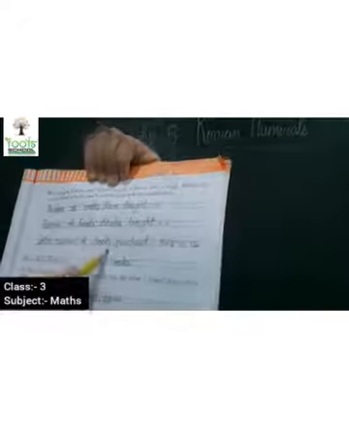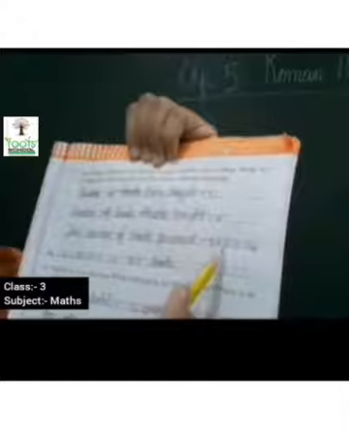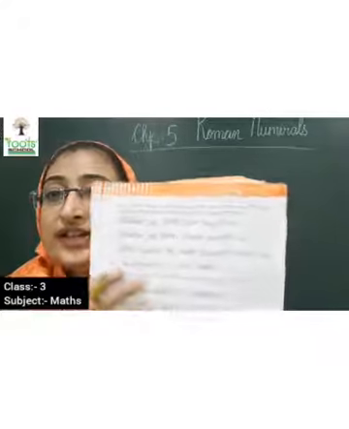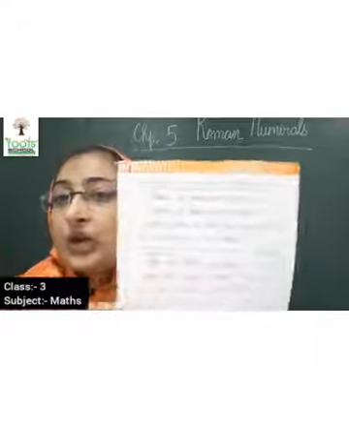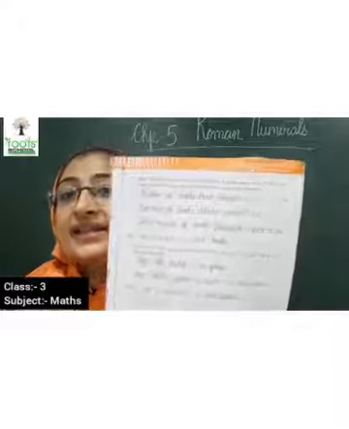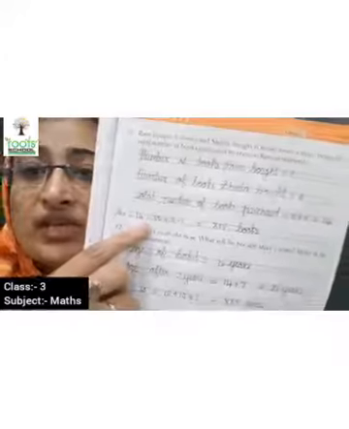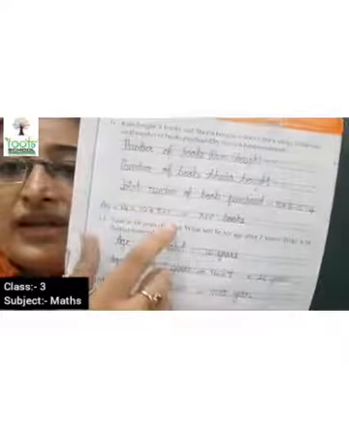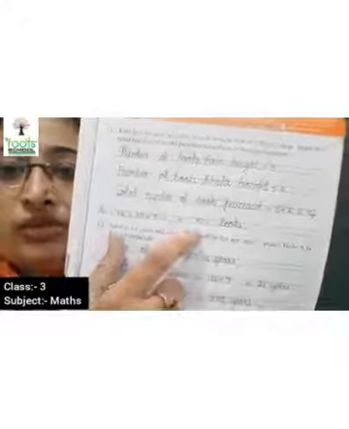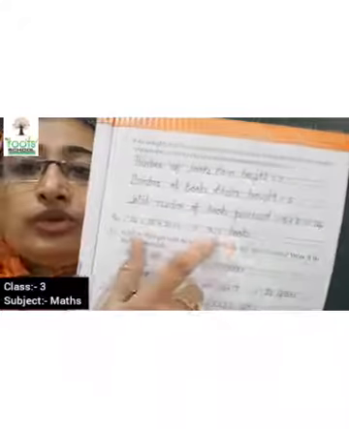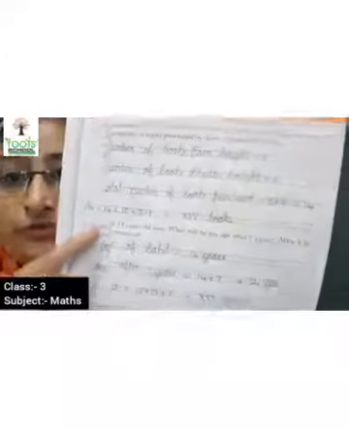Total number of books purchased is equal to 8 plus 6, that is equal to 14. If you add 8 and 6, what are you going to get, kids? When we add 8 and 6, we will get 14. Yes. Now you have to write 14 in Roman numeral. So what's the rule? 14 is equal to 10 plus 5 minus 1, that is equal to 10 and 4. So total 14 books. This is the way, kids, you are going to solve.